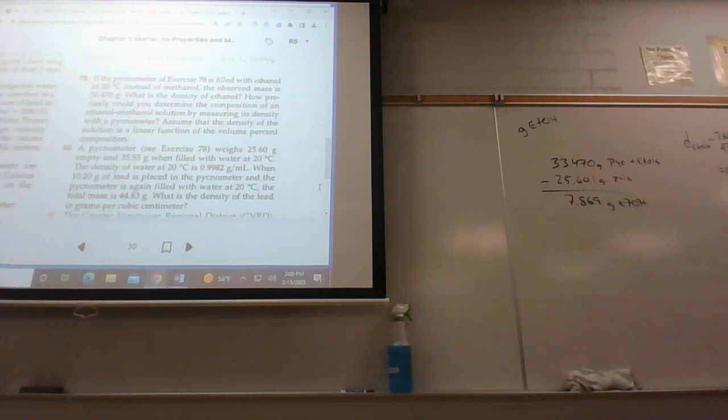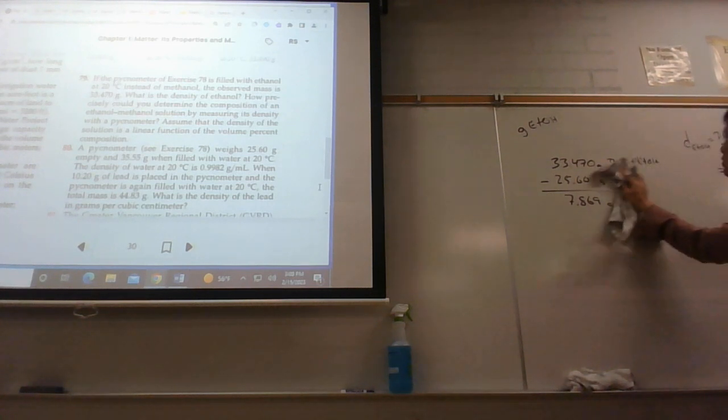If we measure it to 4 sig figs, better. The more sig figs, the more we can differentiate the two. And so, since there is a slight difference in the density, 0.7894 versus 0.7914, we can tell the difference.